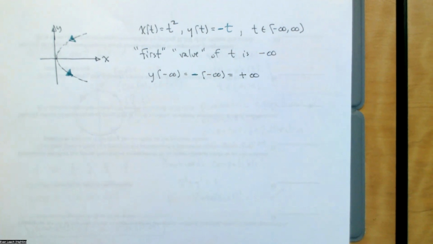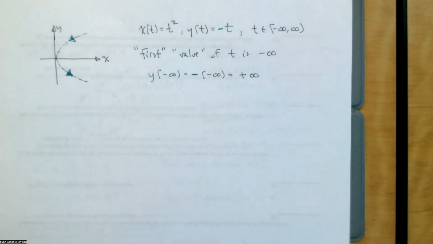So that reverses the orientation. That produces a reflection about the x-axis in this case. Because of course it does. Changing the sign of the input produces a reflection about the output axis. That's always been the case ever since you learned about adjusting graphs in trig.